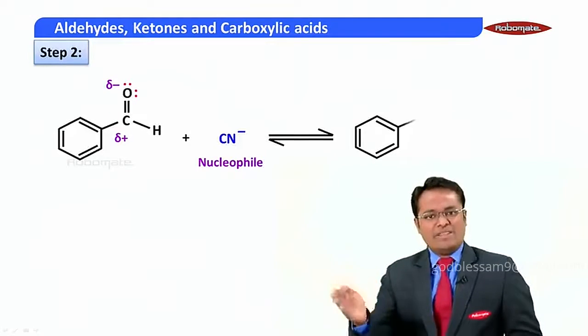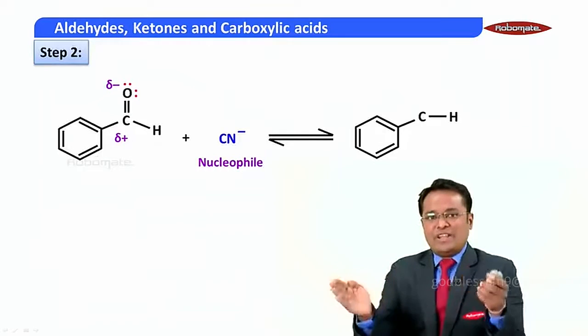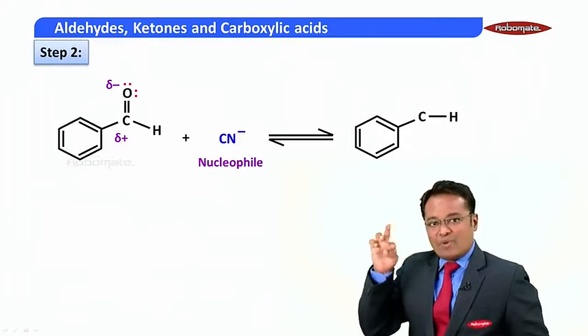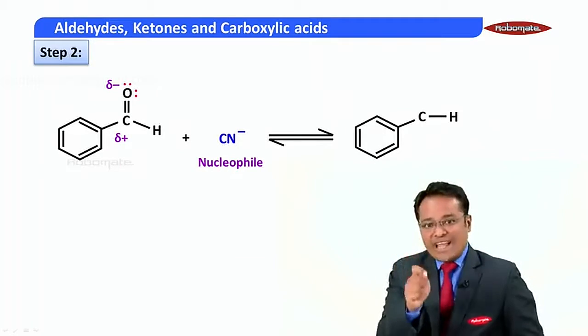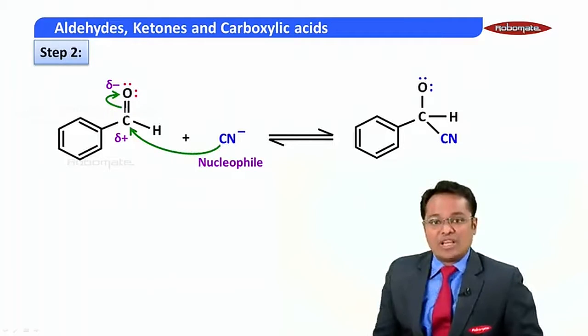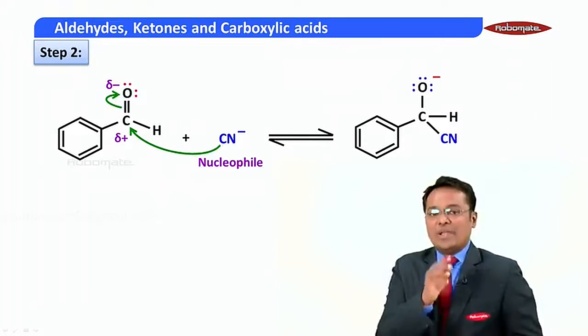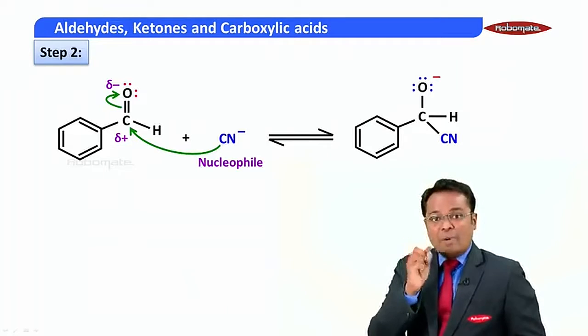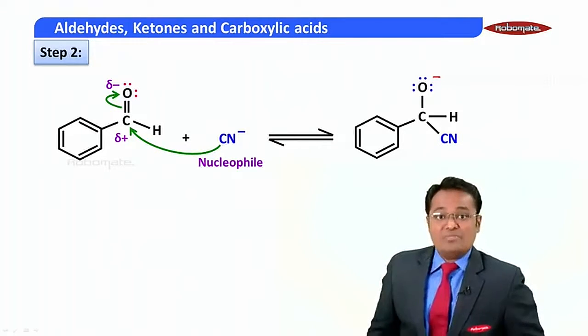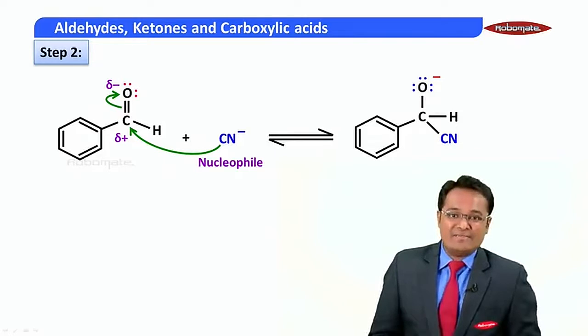Here in step 2 I have got a benzaldehyde. Now benzaldehyde has been treated with cyanide, and you know that the carbonyl group is polar. So cyanide is going to attack the carbonyl carbon, and hence you are going to get that cyanide attached. And what will happen to the pi bond? The pi bond will get shifted onto oxygen, making that oxygen negative.